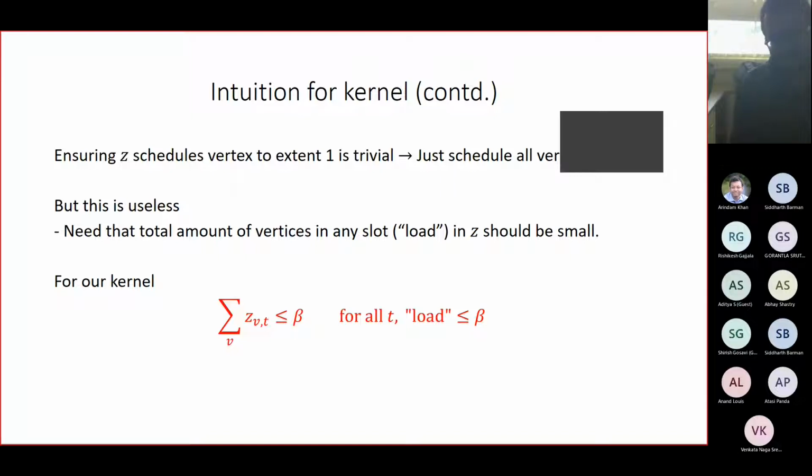Any more questions about the kernel? The covering cost under Z is actually improved over X, or at least as good. So they will cover things faster, but it will also incur this extra load. Yeah. So Z by beta is a true assignment.